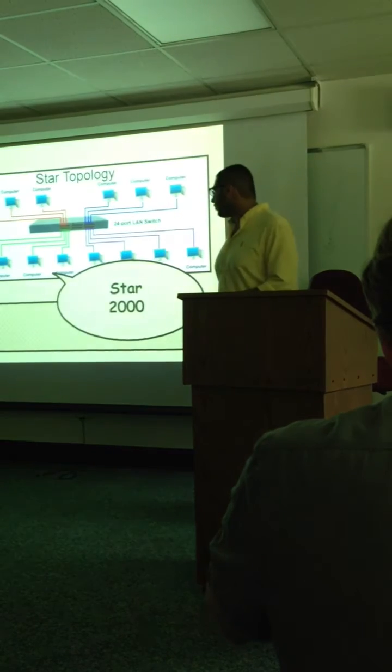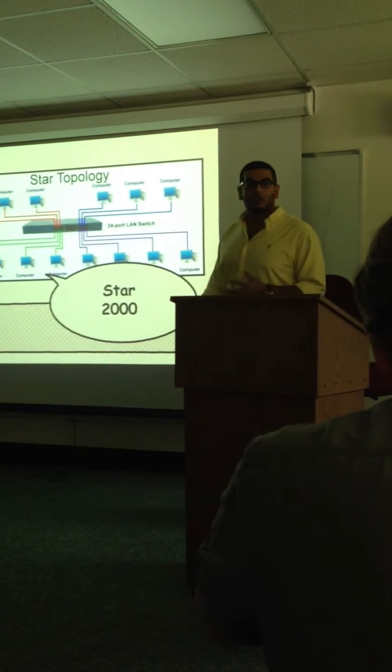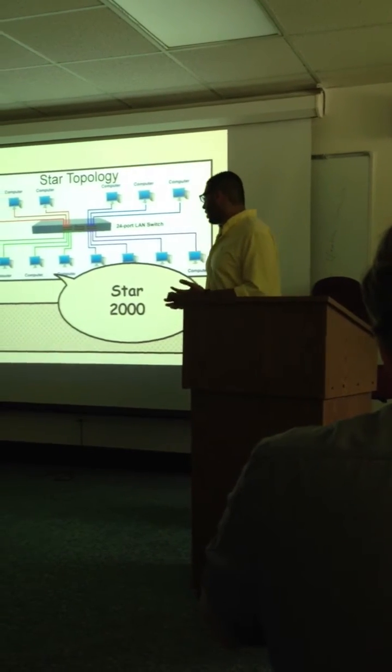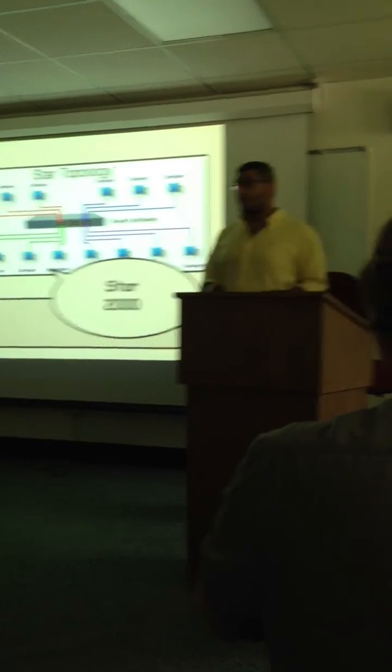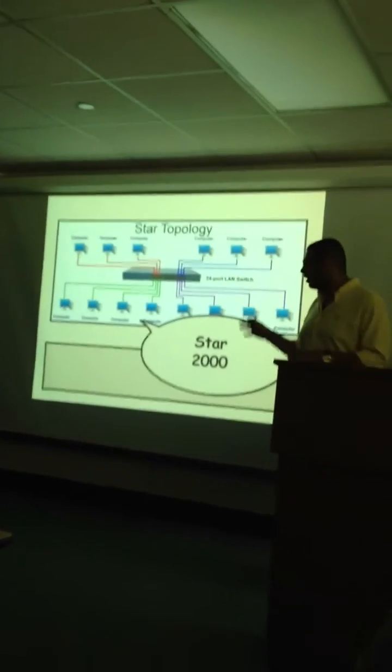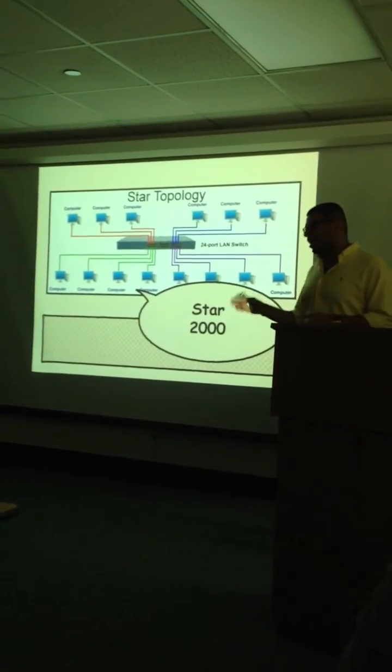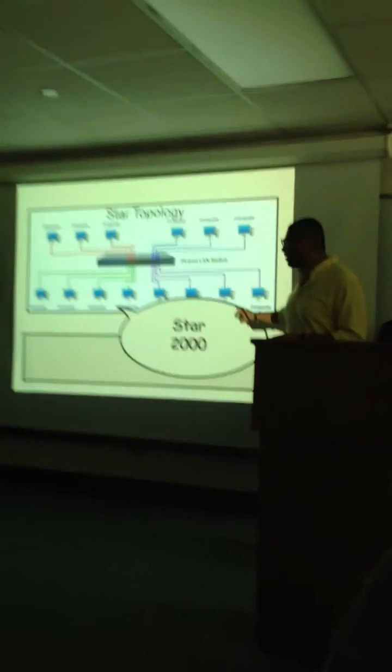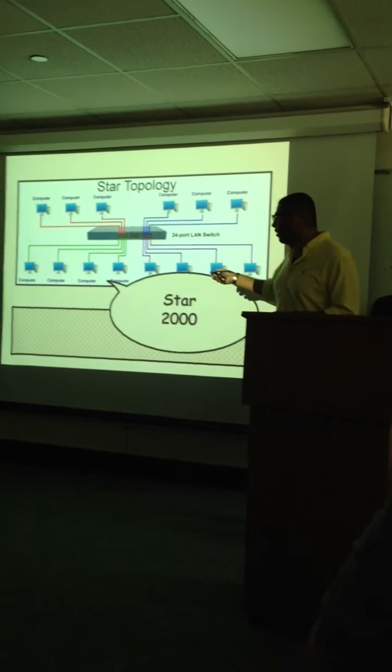The star topology. The star topology is a good topology. It was created in 2000, and it's a good topology. But every topology has problems. But this problem is less. This topology has a problem.